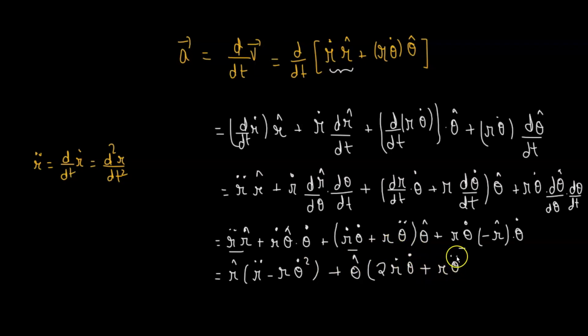So this is going to be the component of theta cap. So finally we have obtained the two components of the acceleration vector.